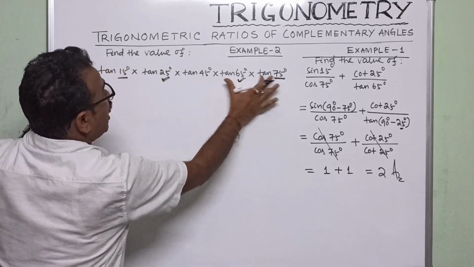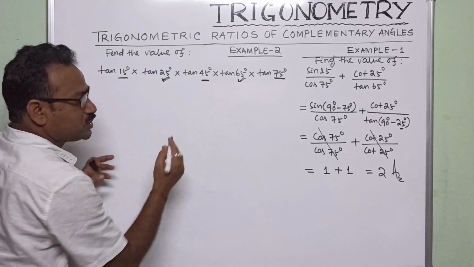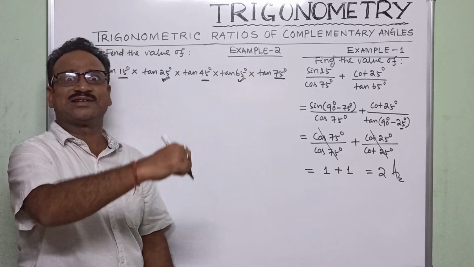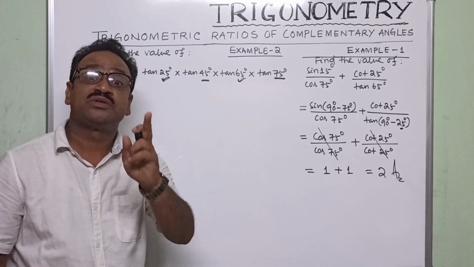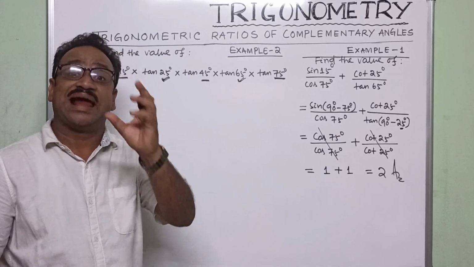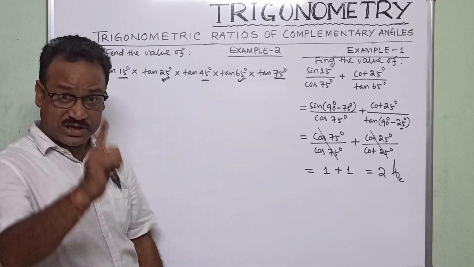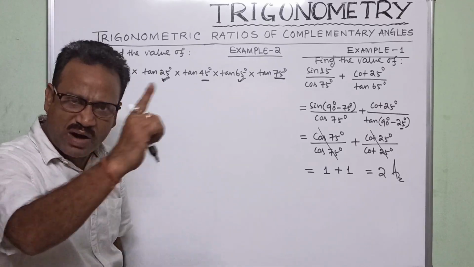So these are done, and for 45 no other angle is given. The value is there. We know from the trigonometric table of specific angles that tan 45 degree is 1. Value of tan 45 degree is 1. We know it.